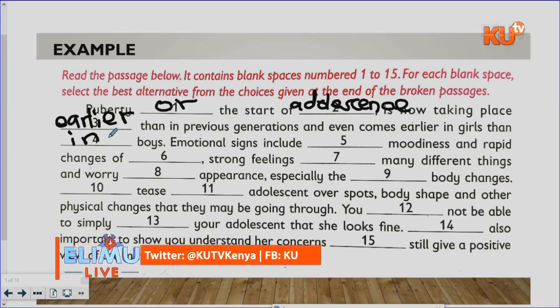Why is that important? It helps you to pick out any mistakes that you could have made, because you are required to fill in the correct answer and the most suitable choice to complete the passage. So the passage must make sense after you have answered all your questions 1 to 15.